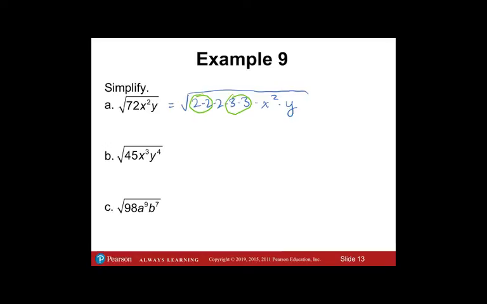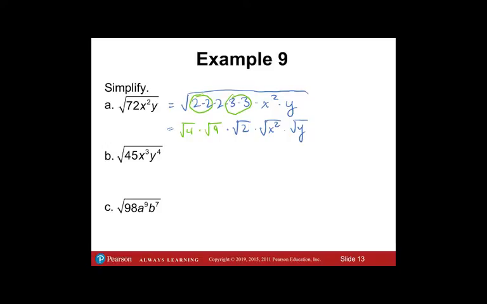So then it's basically going to be the square root of 4 times the square root of 9. Those are the groups of 2 that we found. And then we're going to say times the square root of 2 times the square root of x squared times the square root of y.